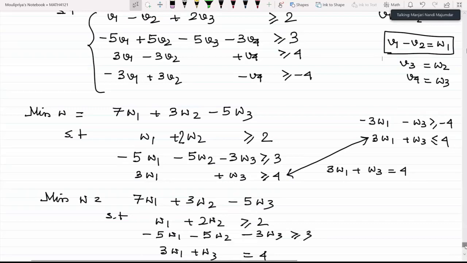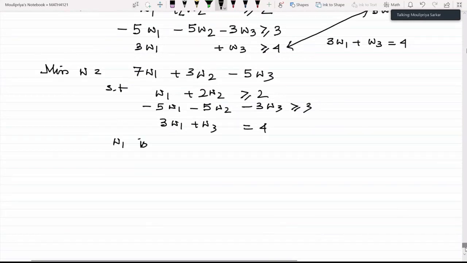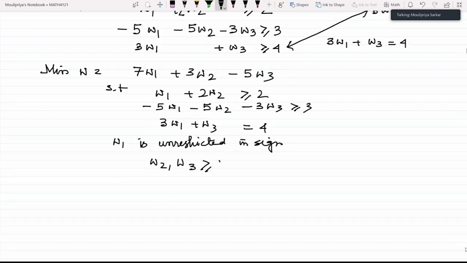It is unrestricted. Exactly. Very good. So w1 is unrestricted in sign, and w2 and w3 are greater than or equal to 0.